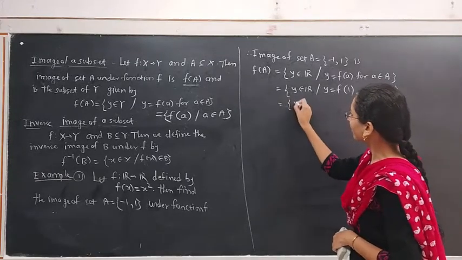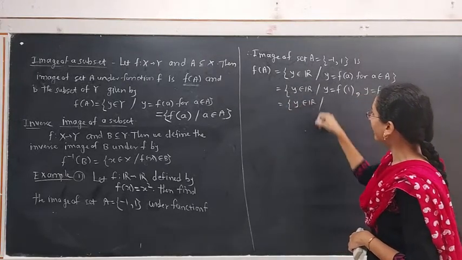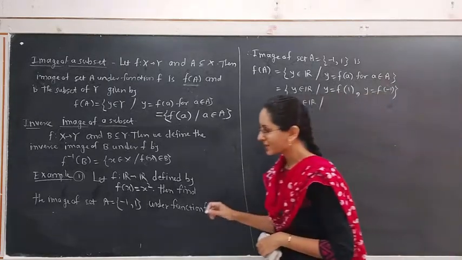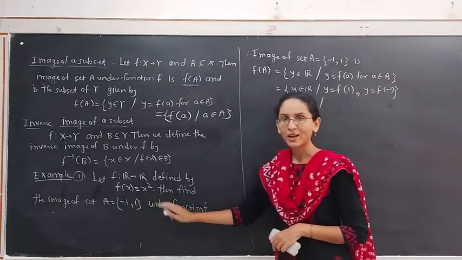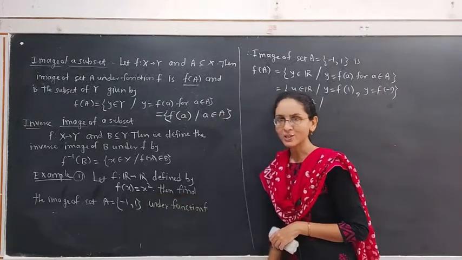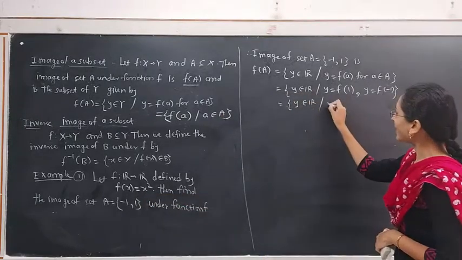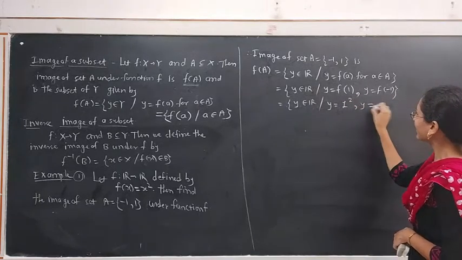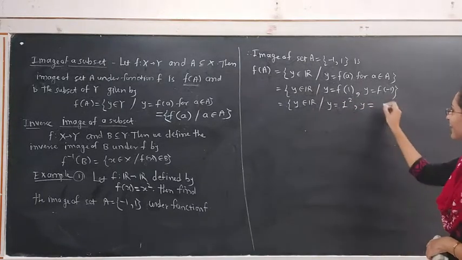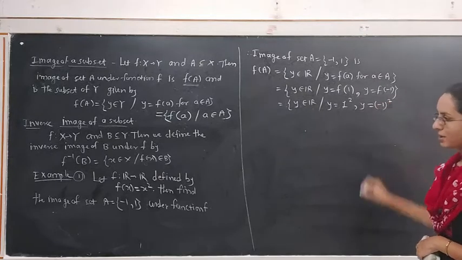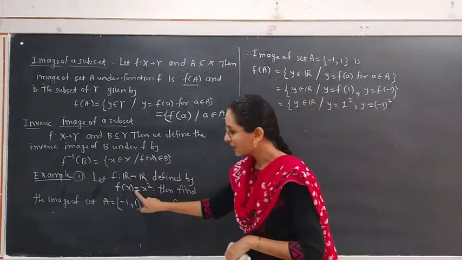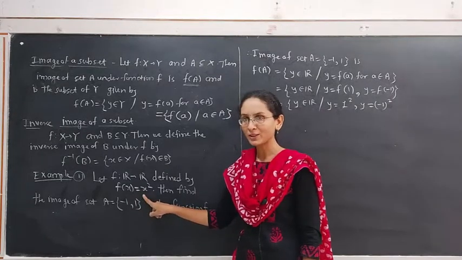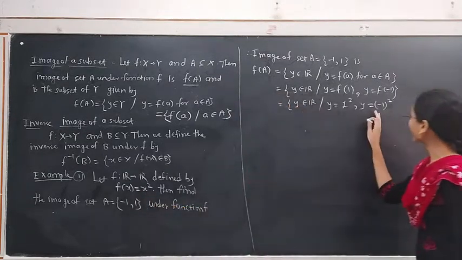What is the definition of f of x? F of x is x squared. Hence f of 1 will be 1 squared, and in the second case y is equal to f of minus 1, which is minus 1 to the power 2, minus 1 squared.